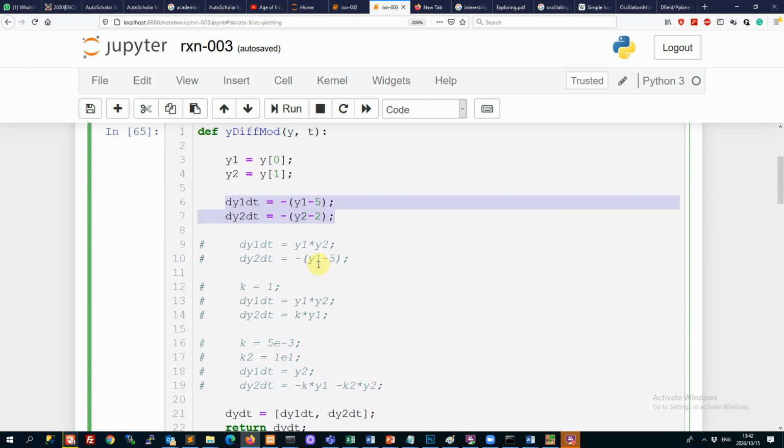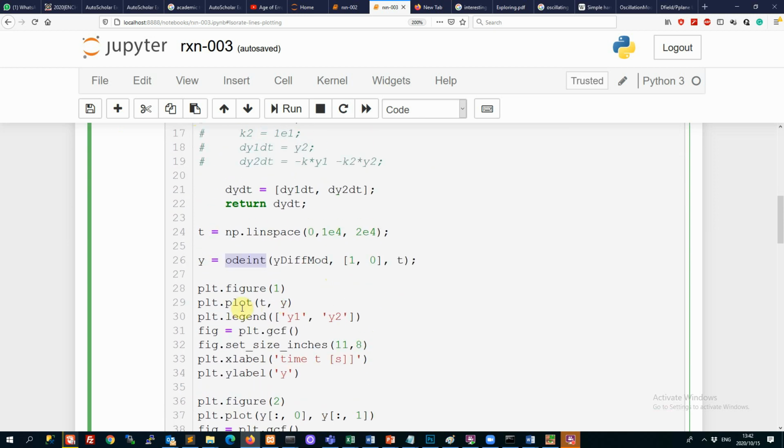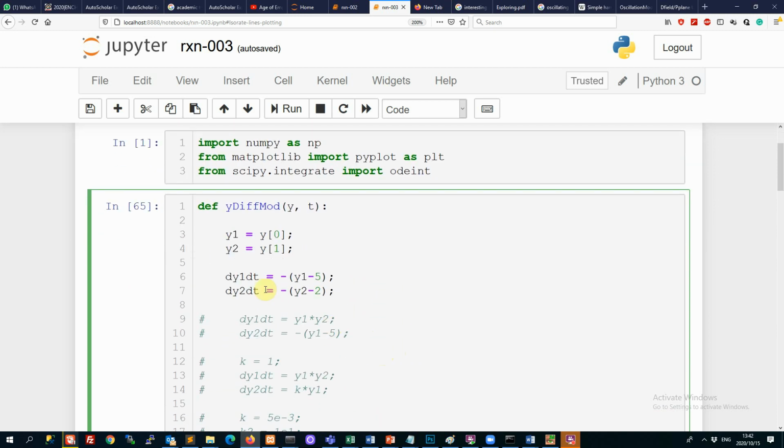So you can see here I'm just defining the differential equation and then using the ODE integrator. And then number one, we'll just plot t versus y. So we'll see how y1 and y2 are behaving. So let's look at that first. And before we run it, just looking here, we can anticipate that there exists a steady state for y1, which is 5, and a steady state for y2 of 2.